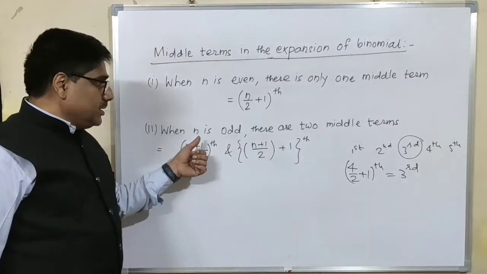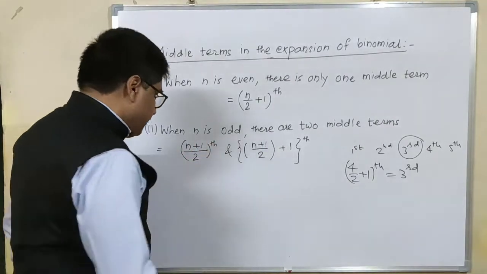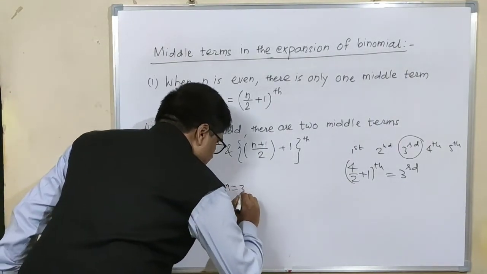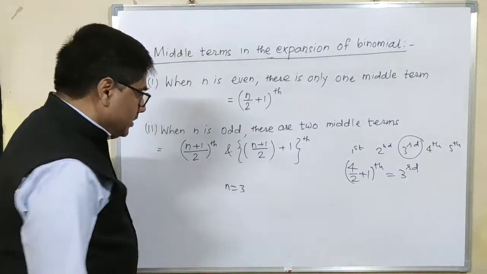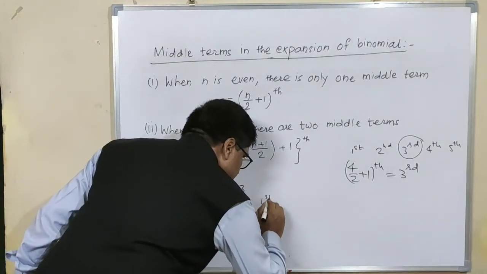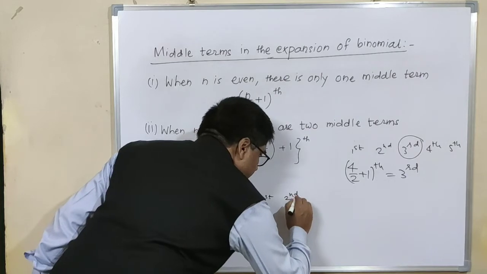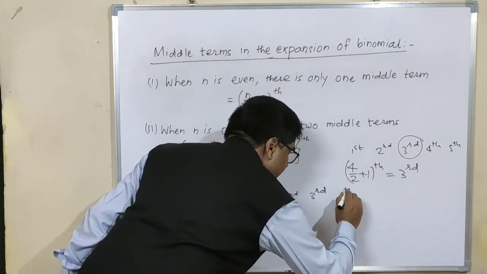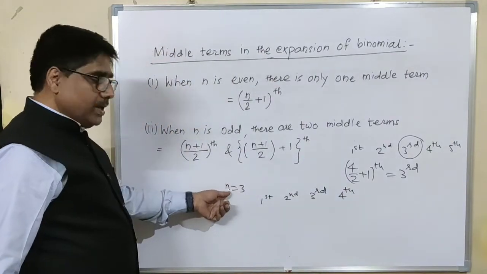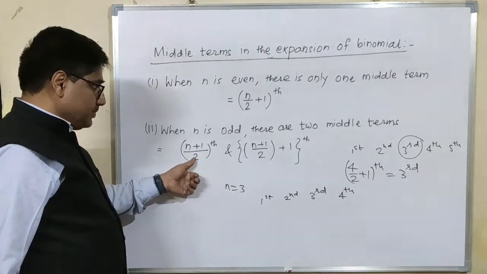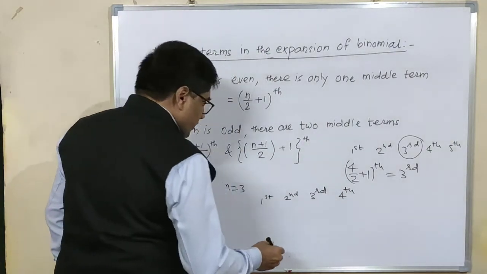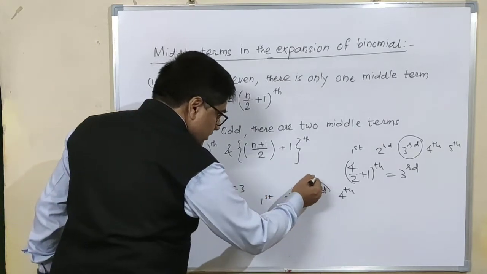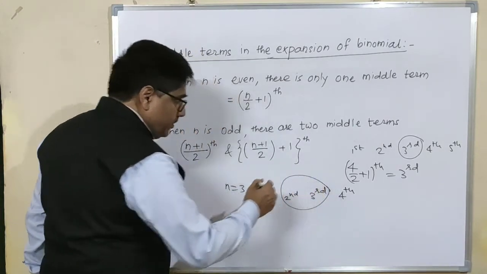Let us consider n value as 3. Its expansion will contain first term, second term, third term and fourth term. Here the value of n is 3. Therefore, as per this formula, just by observation we can see these are the two middle terms.